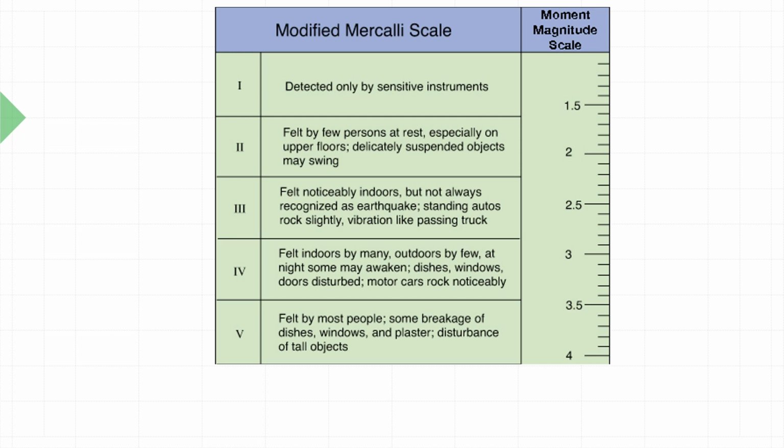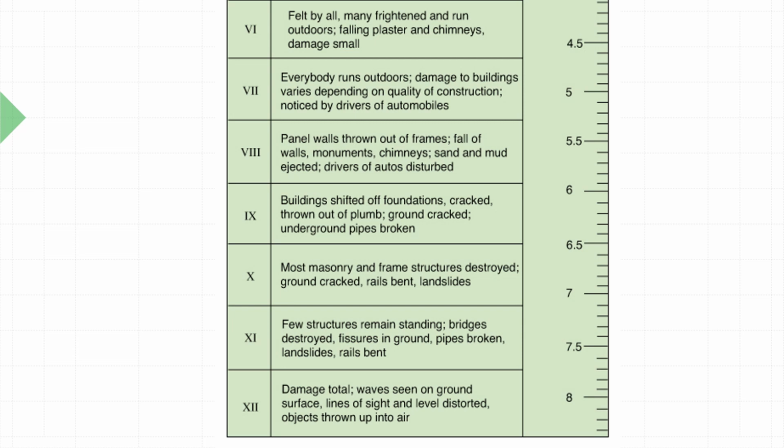Three means that it can be felt indoors, but it may not even be recognized as an earthquake. It would just feel like some vibration for a few seconds. So basically, it's only after the number six, 6, 7, 8, 9, 10, 11, 12, these Roman numerals, where you find that the impact of the earthquake is very high, and you also see on this side the higher magnitudes.